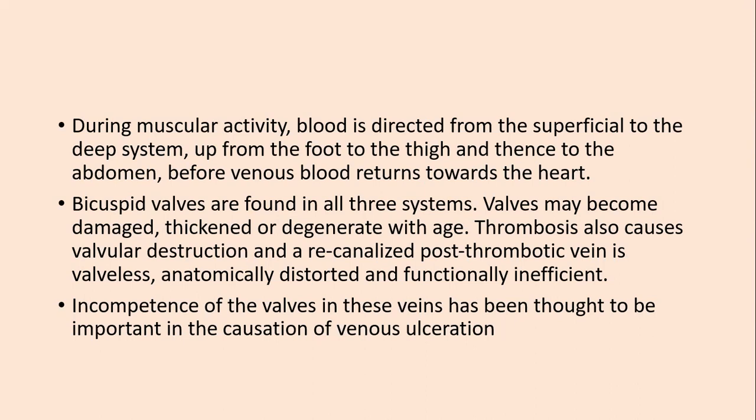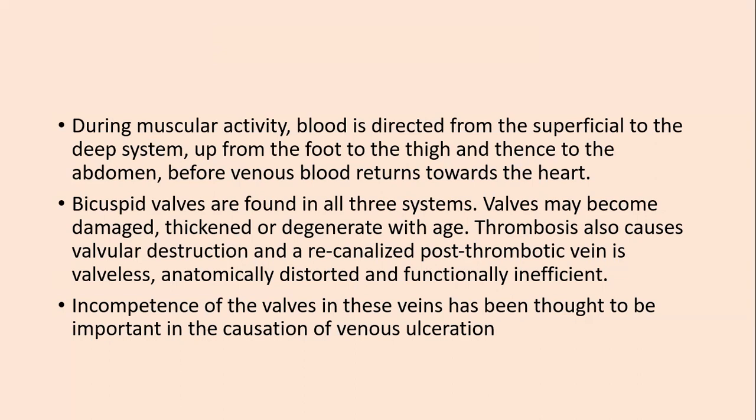Bicuspid valves are found in all the three systems. Valves may become damaged, thickened, or degenerate with age. Thrombosis also causes valvular destruction, and a recanalized post-thrombotic vein is usually valveless, anatomically distorted, and functionally inefficient.